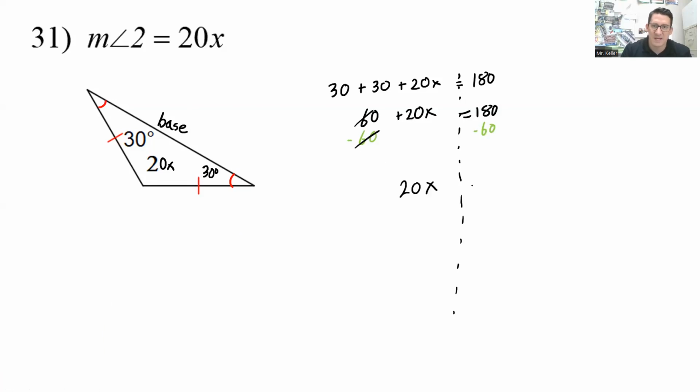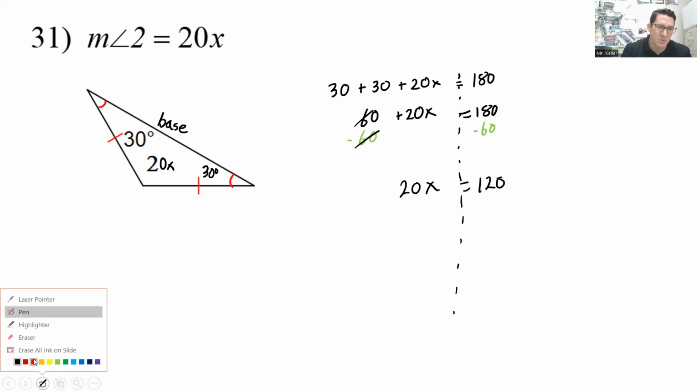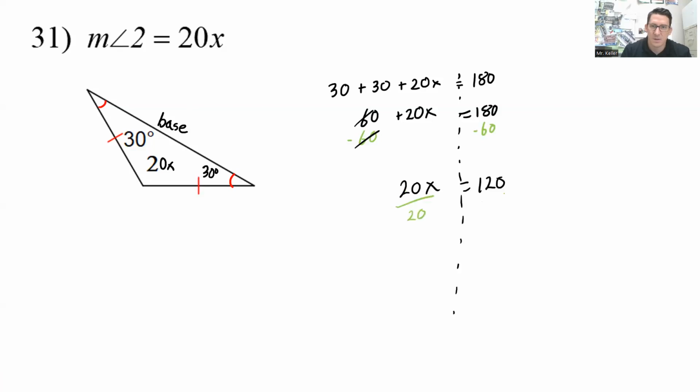You get 20x is equal to 120. And then divide by 20. You get x is equal to 6. And now I think that's it.